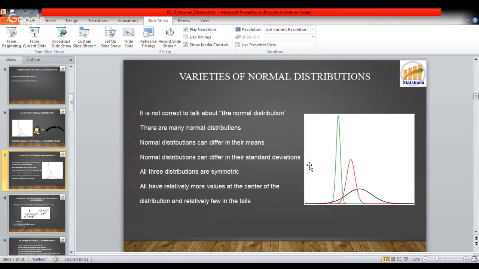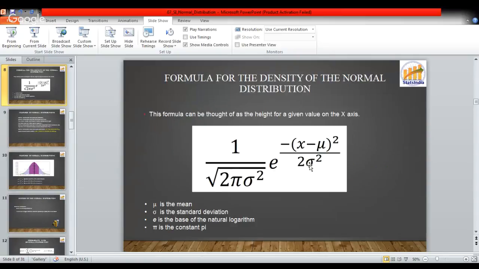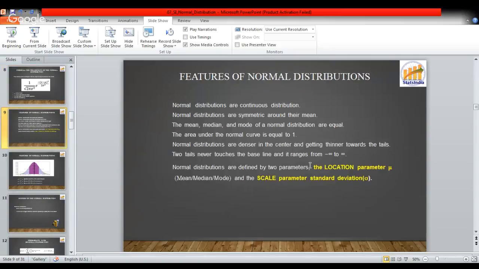What is this similarity? These distributions are symmetric. Characteristics of normal distribution: it is a symmetric distribution, that is, it has the same shape from the middle.